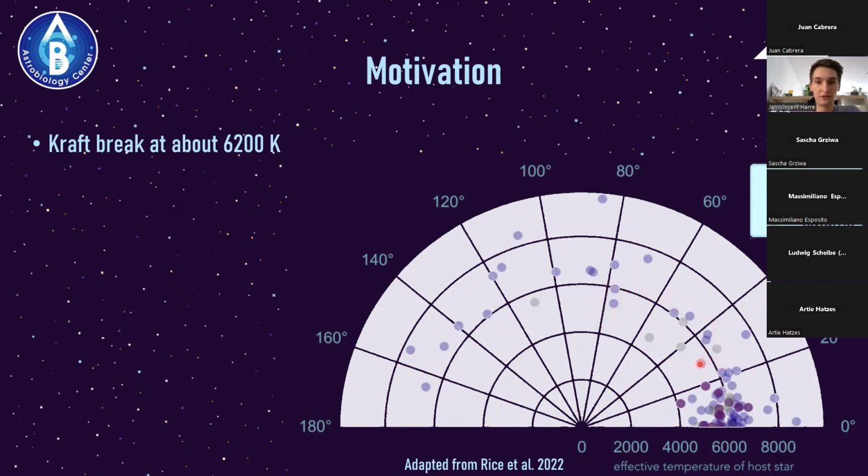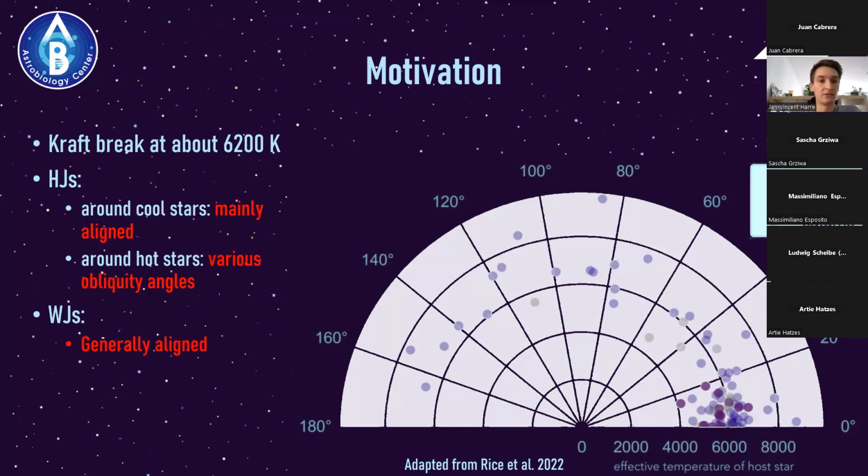But for the most part, the hot Jupiters orbiting these cooler stars are in this area right here, so they show relatively good alignment with their host star's rotation. And for warm Jupiters, we can see that they are mostly aligned with their host star's rotation, but the stellar temperature doesn't play an important role here because they are aligned over all stellar temperatures.